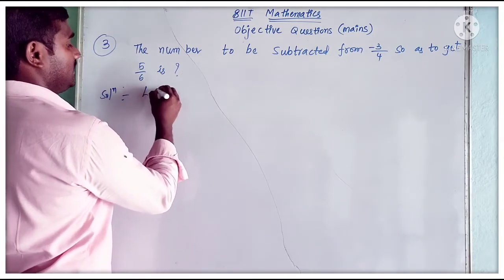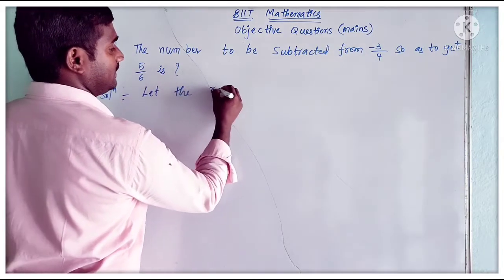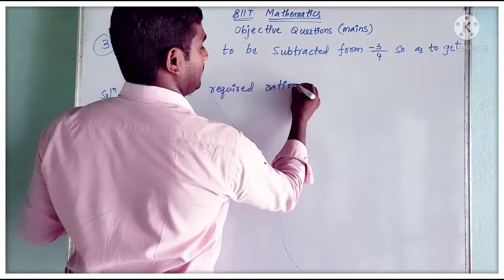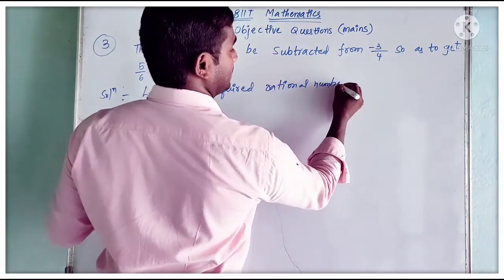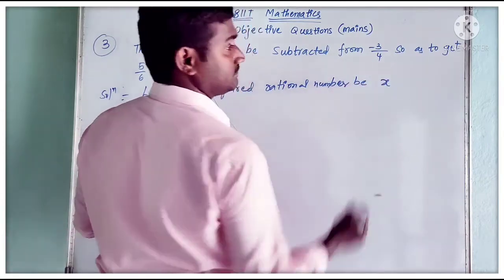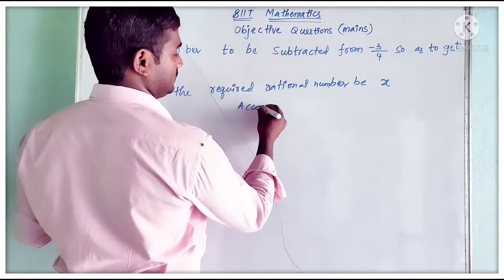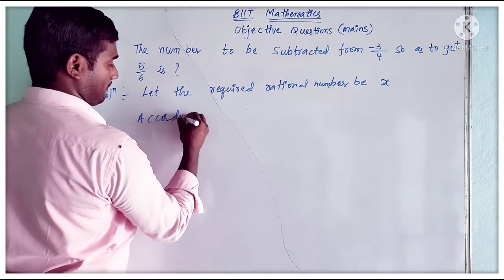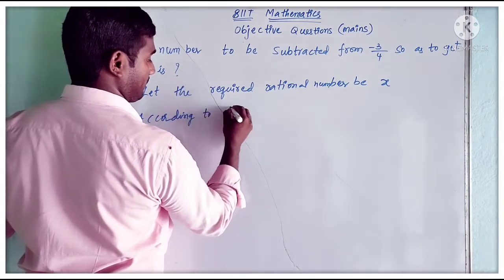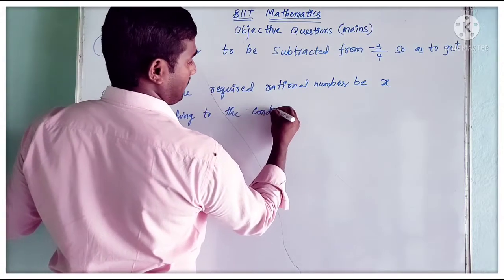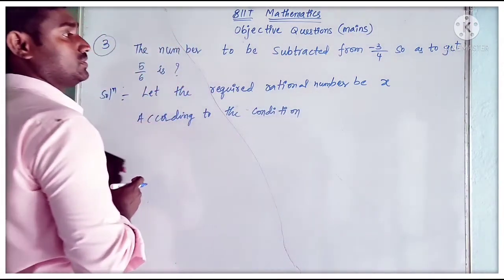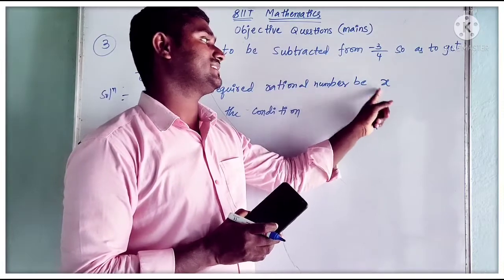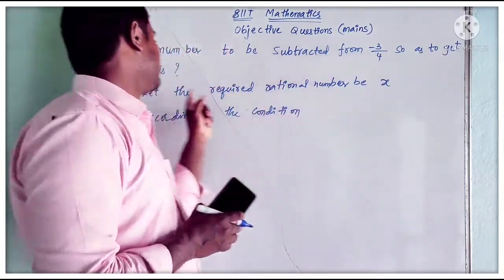Let the required rational number be x. According to the condition, if you subtract x from minus 3 by 4, we will get 5 by 6.